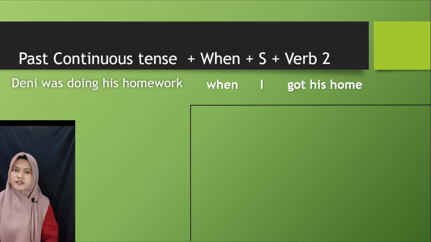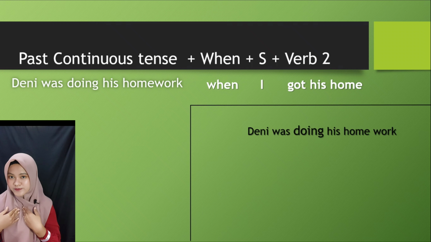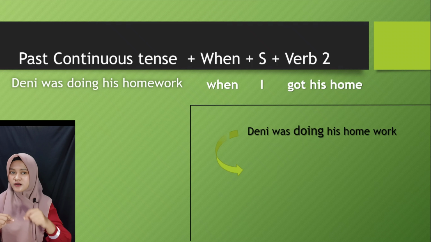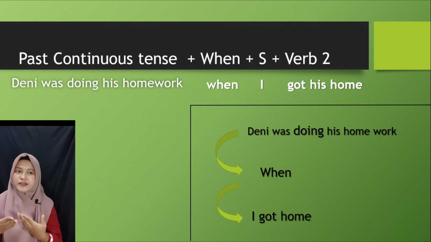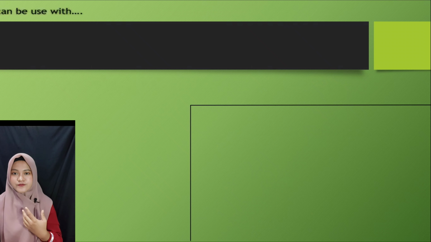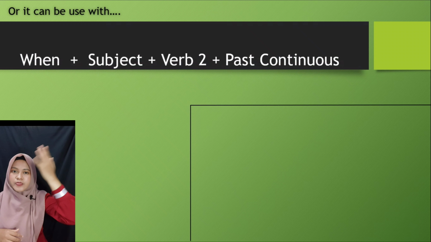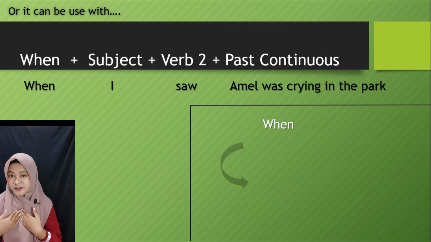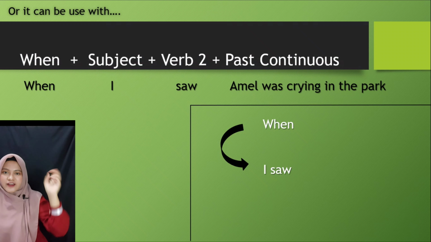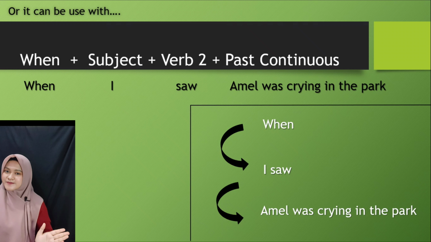It means that Danny was doing his homework, okay, when I called his home. Or it can be used with when in front, then subject, verb two, and past continuous: When I saw, Amel was crying in the park.